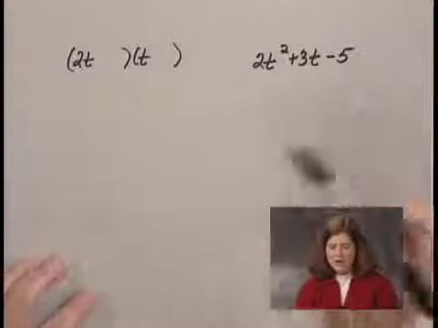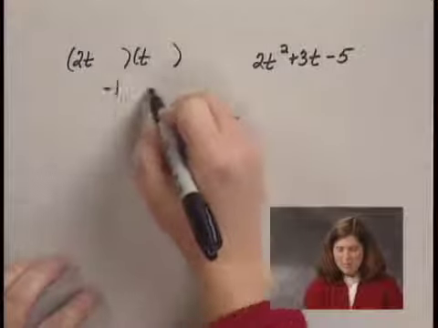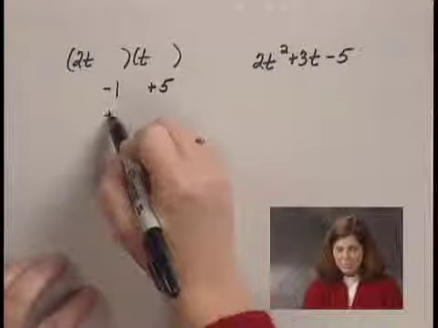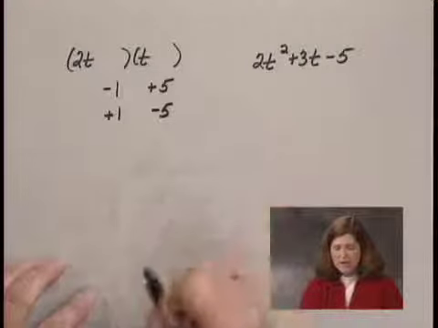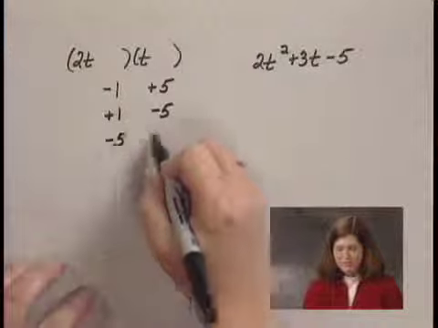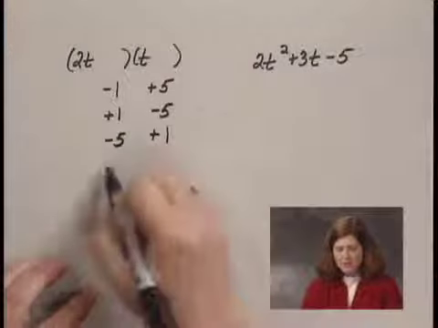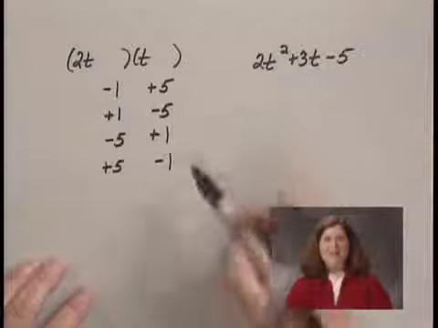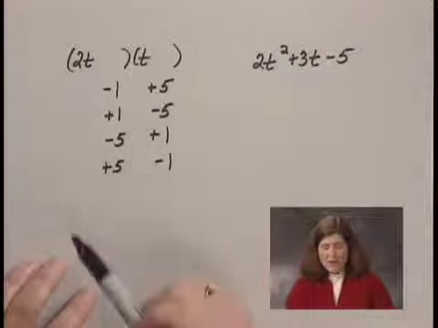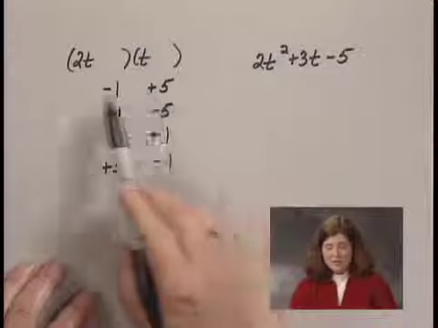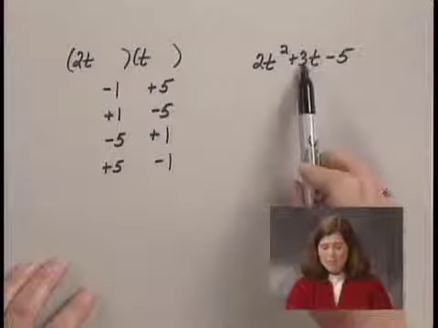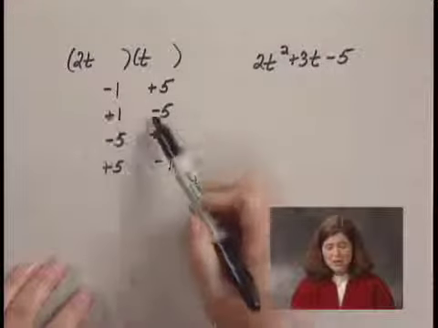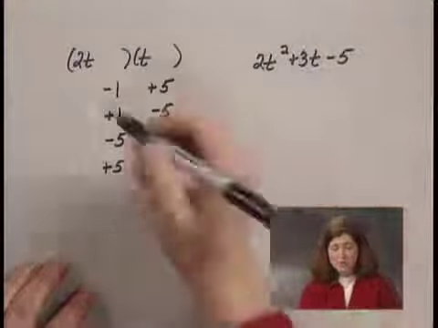My options would be -1 plus 5, or +1 minus 5, or -5 plus 1, or +5 minus 1. So I have 4 different options. Now, I'm going to check this first one. If on this first one I don't get a +3 or a -3, I don't need to check the next one because changing the signs will only change the sign of the middle term.